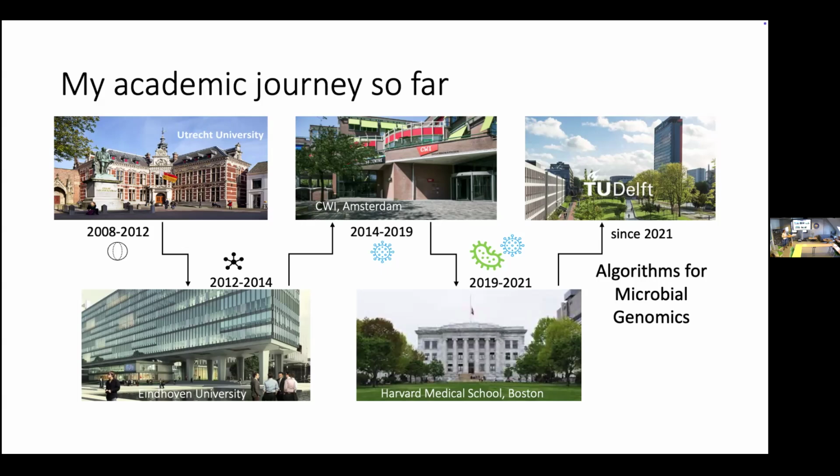And from there on, I started studying viral genomics, reconstructing viral genomes, moved to Boston for a postdoc, also working on bacterial genomics, and I finally settled in Delft, where since 3 years now, I'm an assistant professor at the Intelligent Systems Department, focusing on algorithms for microbial genomics. That's a bit of where I come from.